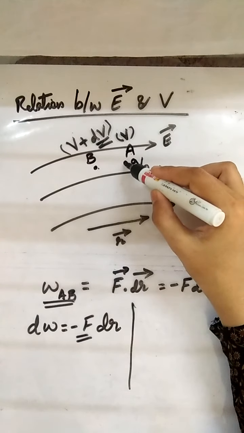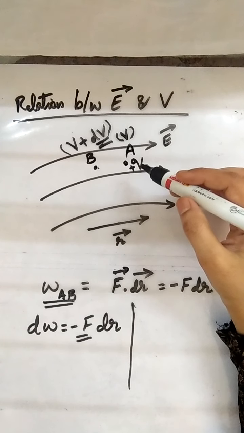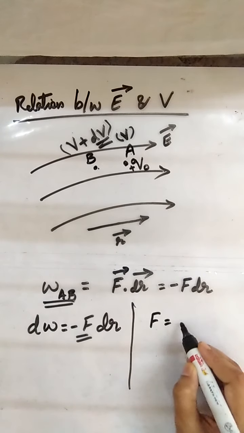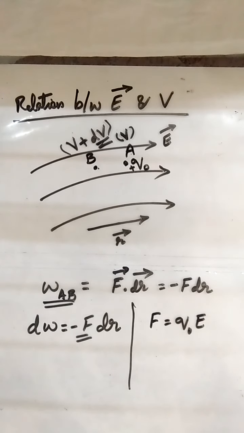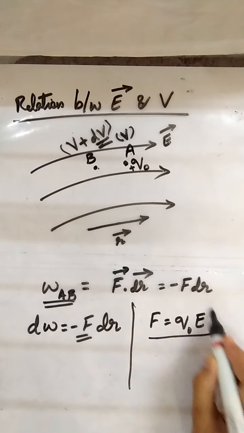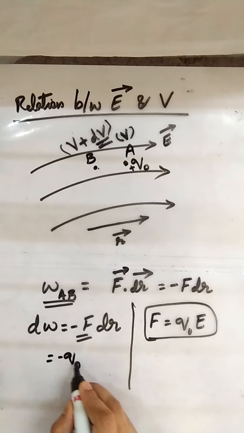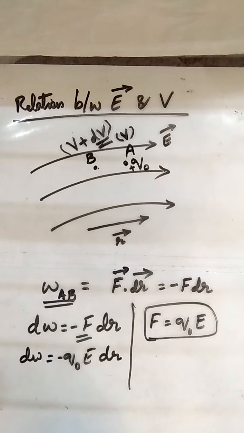When I leave this Q naught alone, what force will it be experiencing? That force F will be equal to Q naught into the electric field. Now you can apply this F equals Q naught E over here, that is minus Q naught E dr. This is dW.